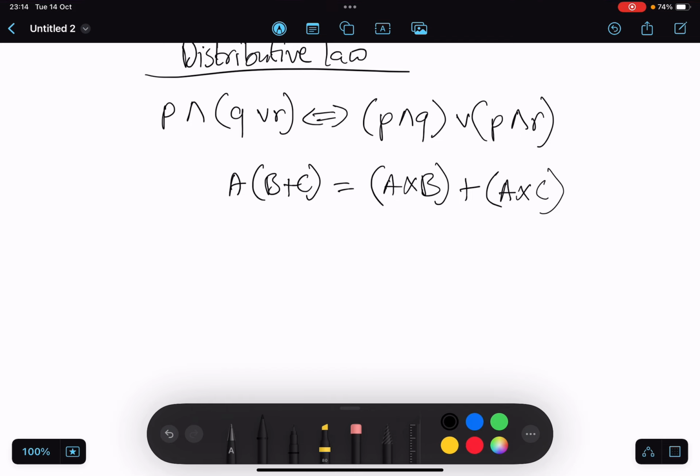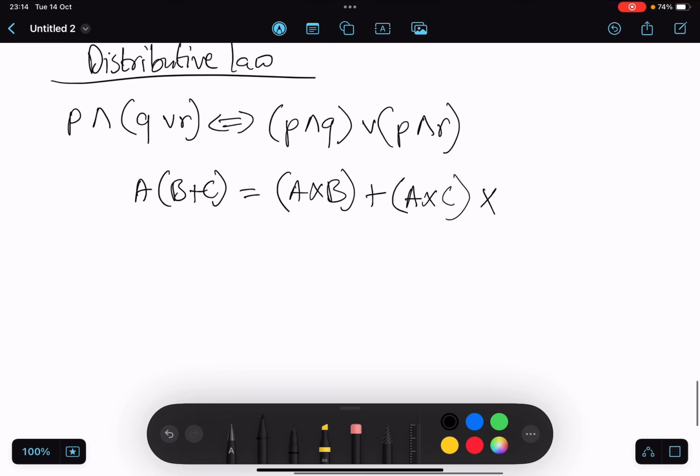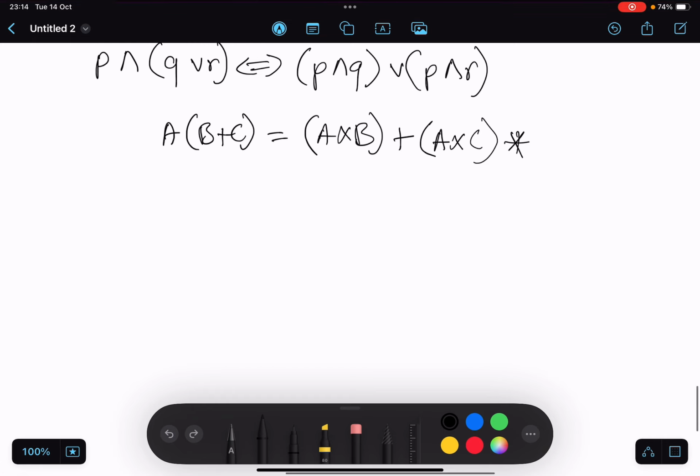This is a practical example of the distribution law. So we've distributed these P within these logical statements, as you can see, right? And this is the first one.